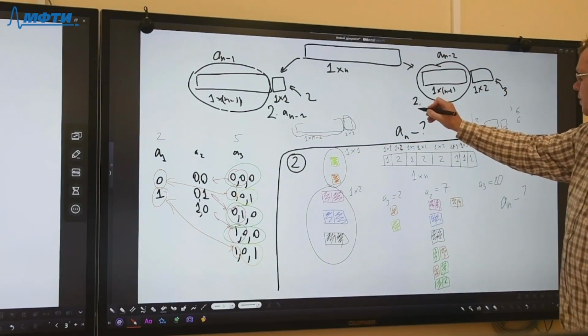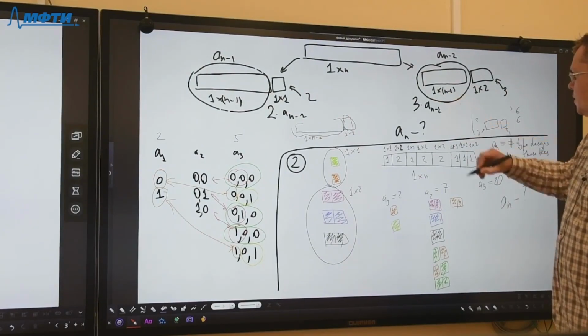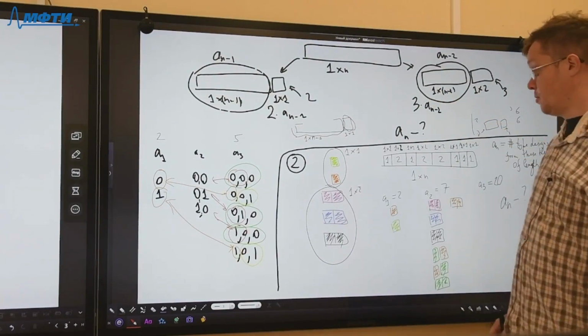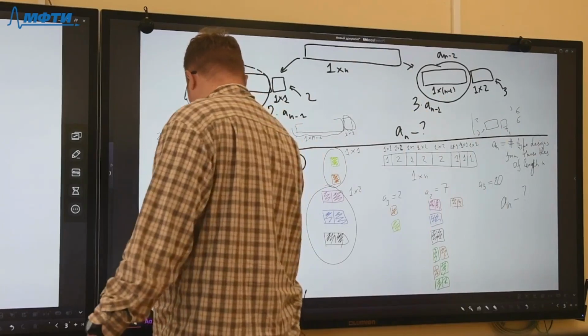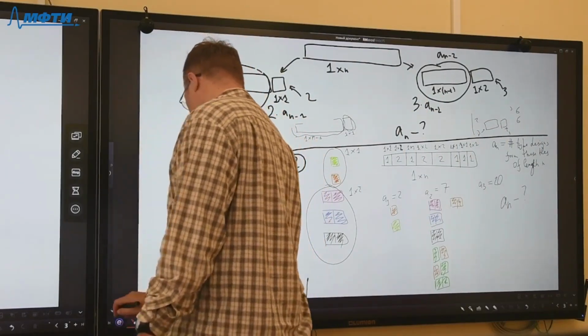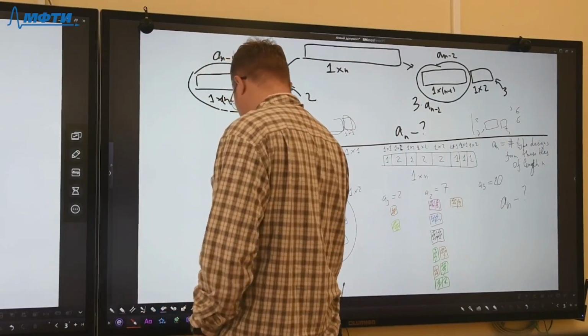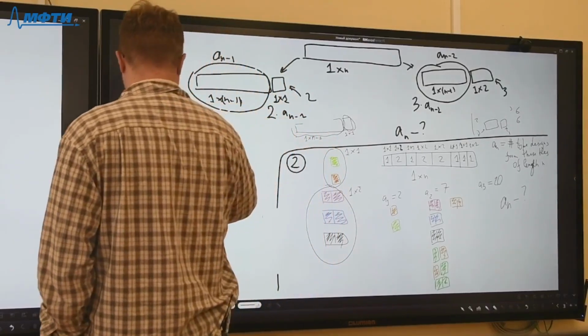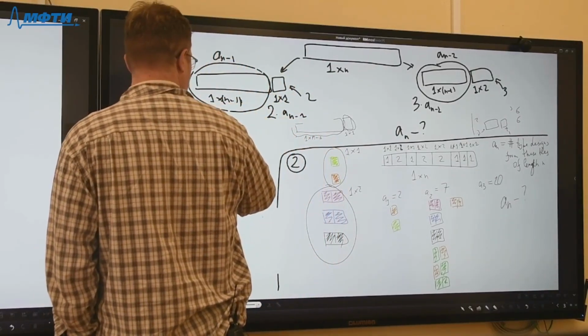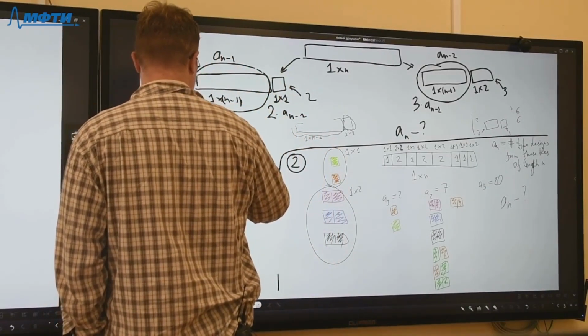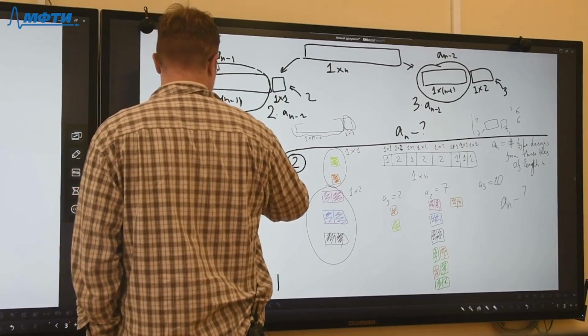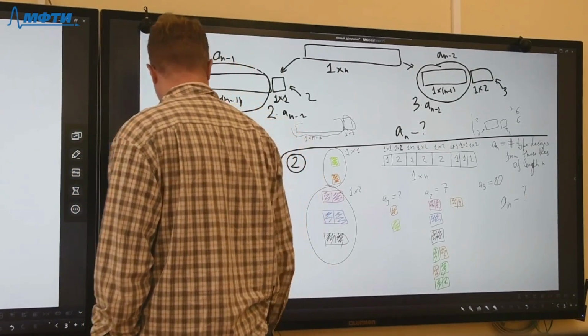And here we'll have 3 times a_{n-2}. And so we'll have the following recurrence relation: a_n is equal to 2 times a_{n-1} plus 3 times a_{n-2}.